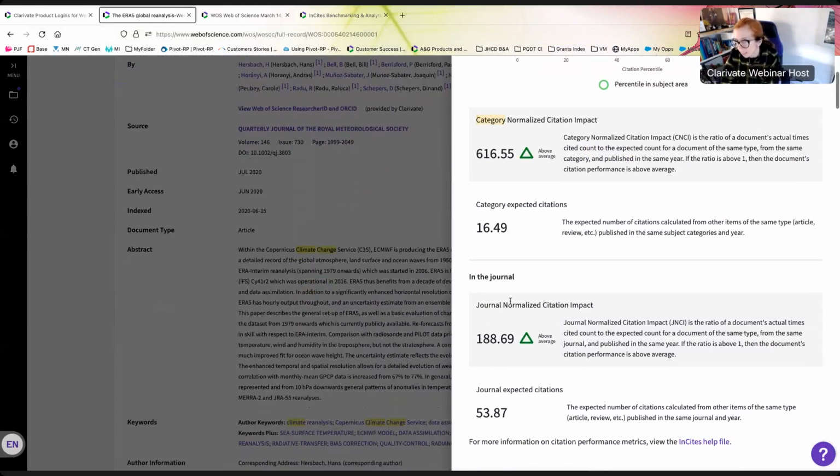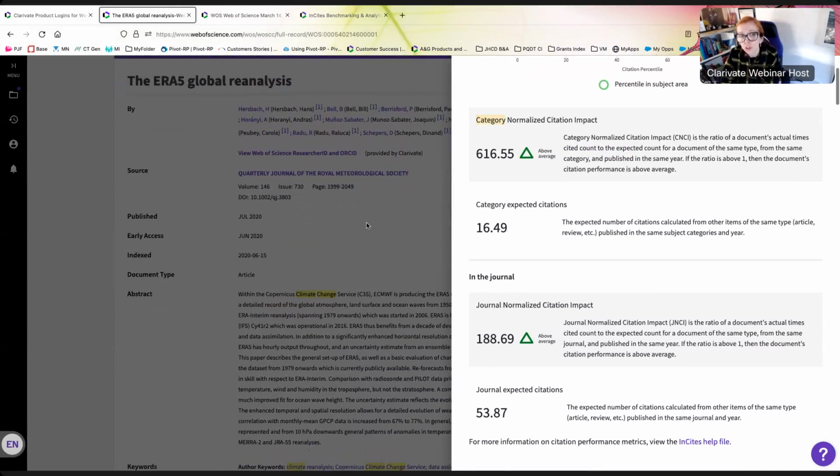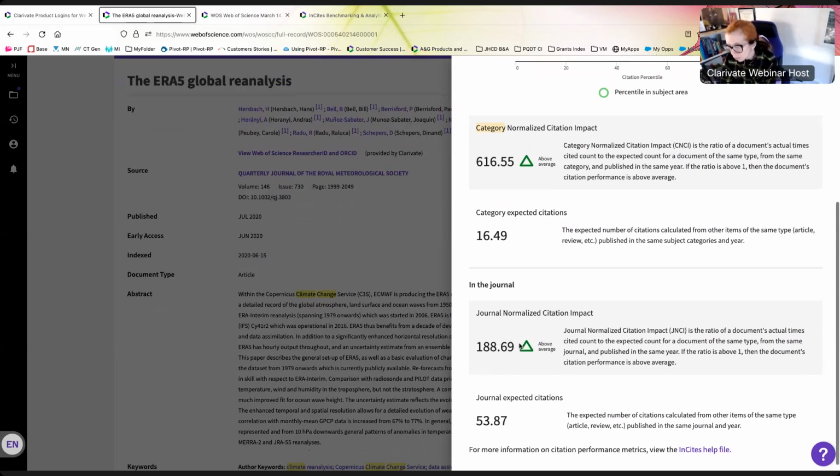And then underneath, it provides a context in relation to the journal. The journal here was the Quarterly Journal of the Royal Meteorological Society. And I was mentioning earlier that this becomes even more interesting to review when you are looking at papers published in very prestigious journals, like the one we had before, Nature, or Science, because with those, it's very difficult to get cited.